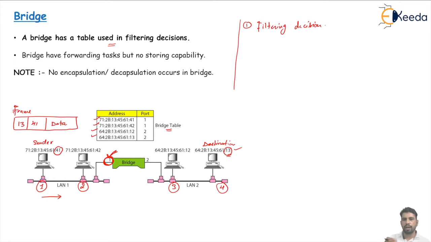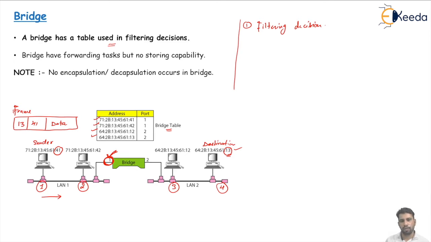When we add a new station in the LAN, we manually update our table, and when we remove a station from the LAN, we manually need to delete that entry from the table. For that, we also have updated technology like the transparent bridge. This type of bridge learns and makes the table by itself, meaning dynamically.